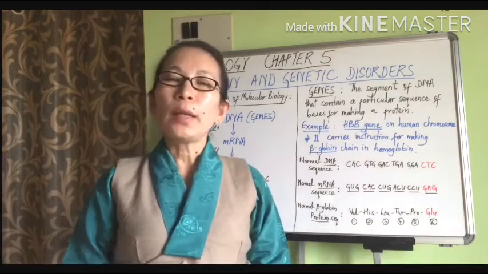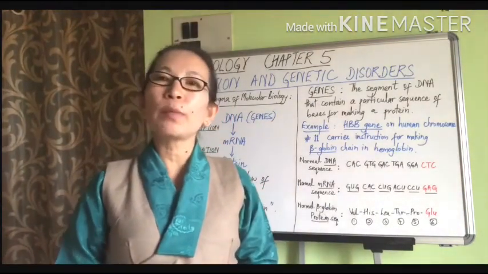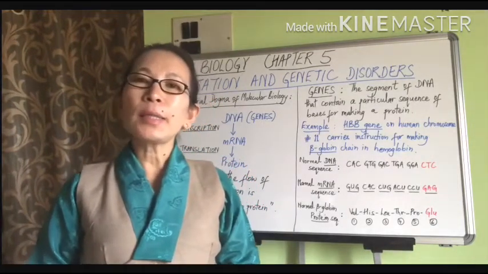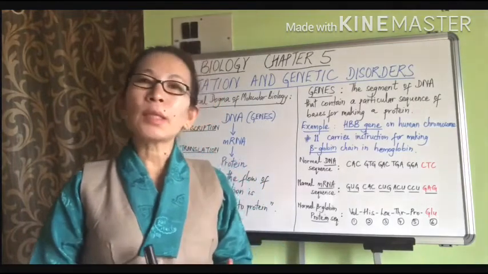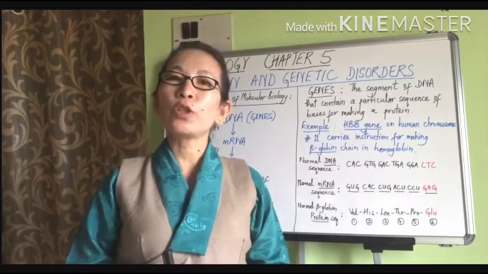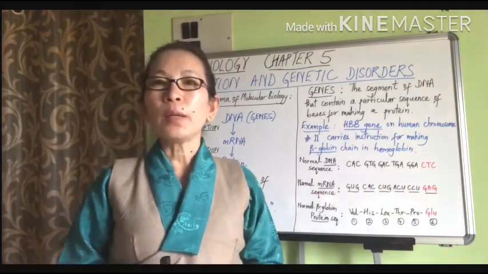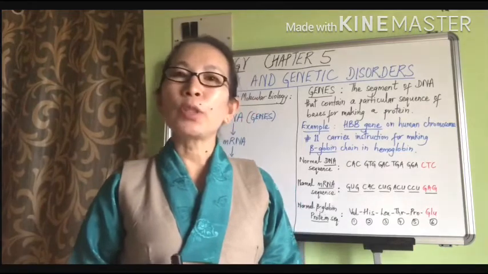The human genome is estimated to have a total of 20,000 to 25,000 genes. DNA, being a highly stable genetic material, is able to transmit this genetic information from one generation to the next without any change most of the time. However, some changes can occur occasionally, and such changes in the genetic material are referred to as mutation.